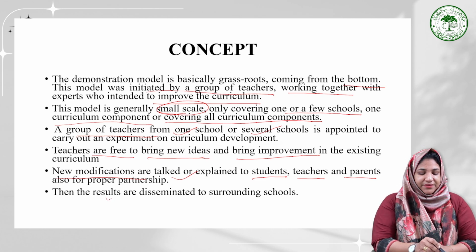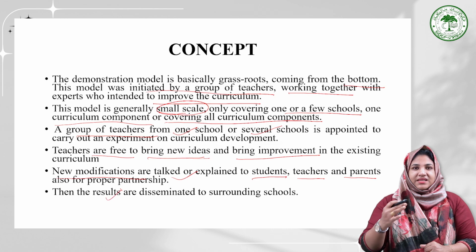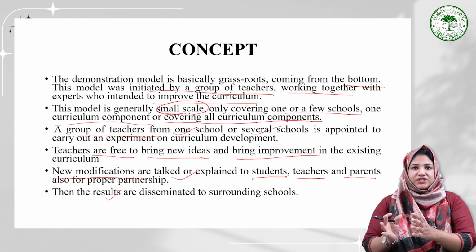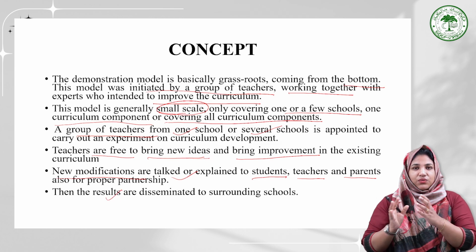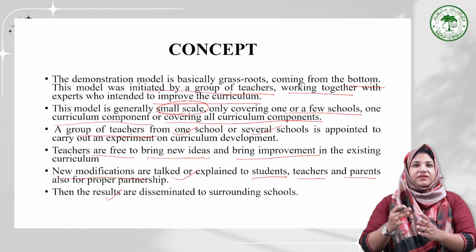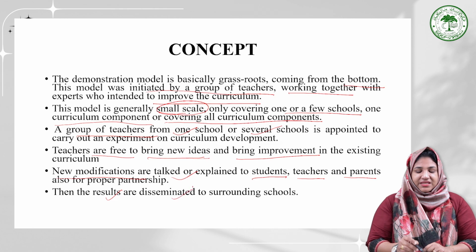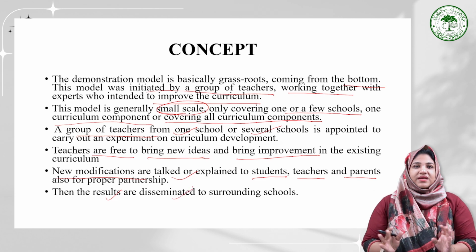And the next one is the results. Since you are taking a group of schools, implementing the demonstration model of curriculum, and making changes in the curriculum, whatever changes you make will produce an output, a result, and this result is disseminated to the surrounding schools.